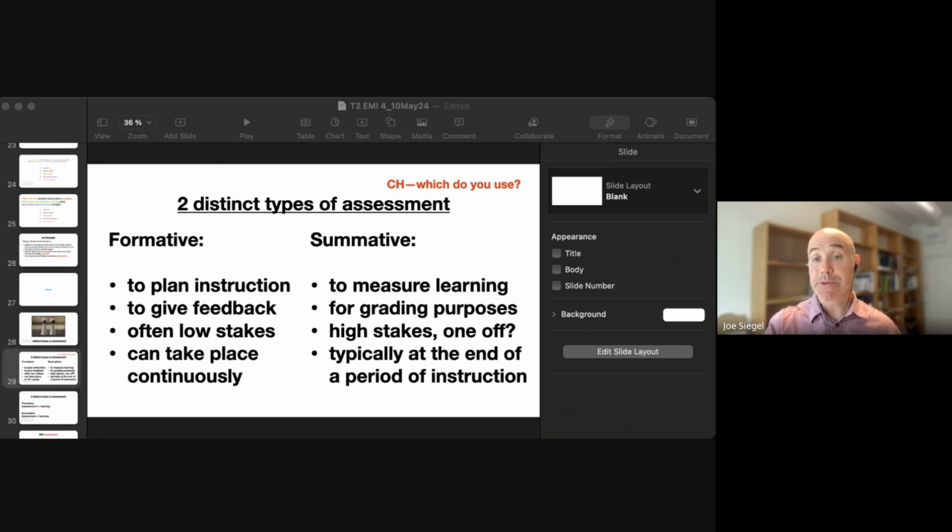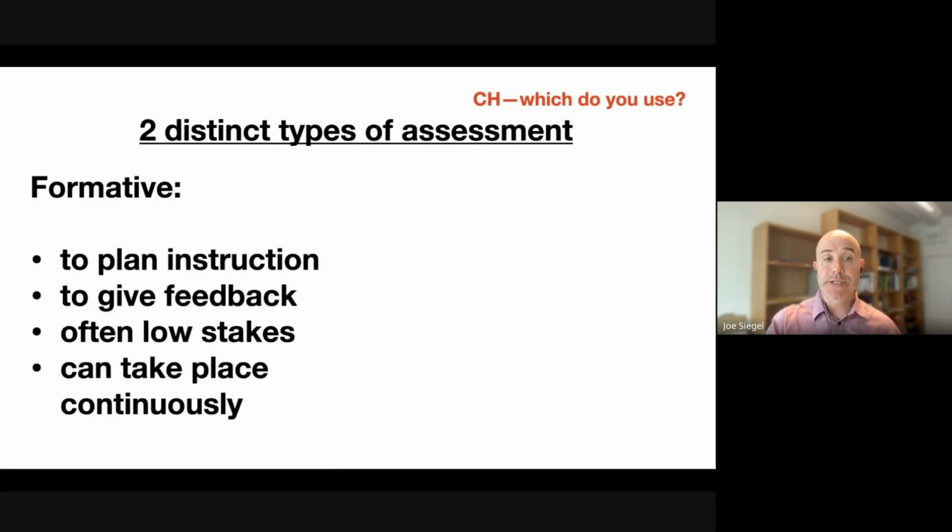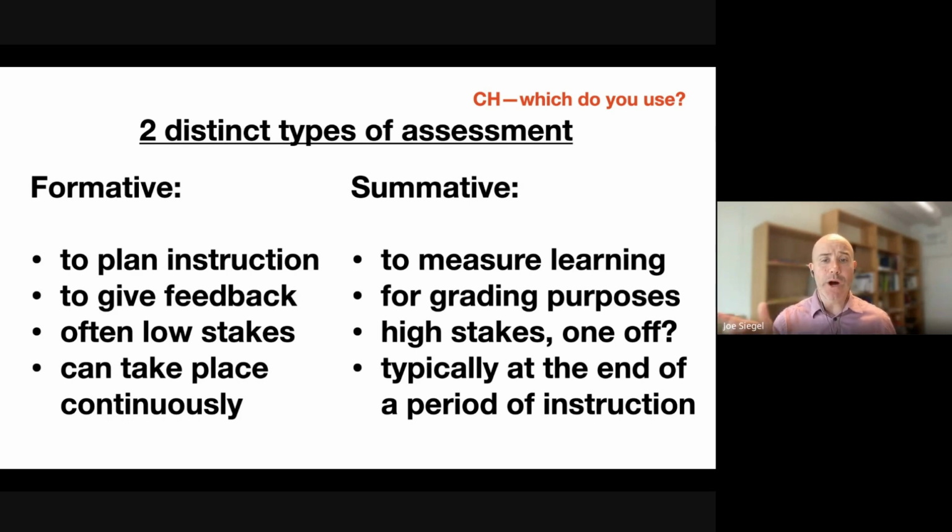I'd say it's promising to note that many of you already use both formative and summative, because that would be a strong recommendation, especially in EMI, because of the one-off high stakes nature of summative assessment. There might only be one skill assessed in summative assessment, like a multiple choice test involves reading and then applying the content knowledge by selecting the correct answer, but it's only the reading skill.